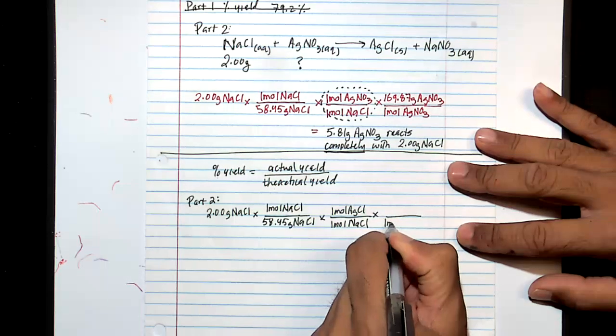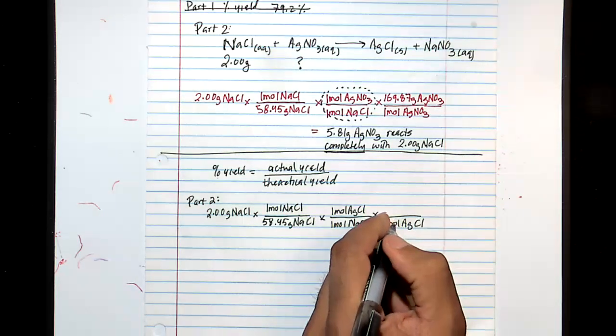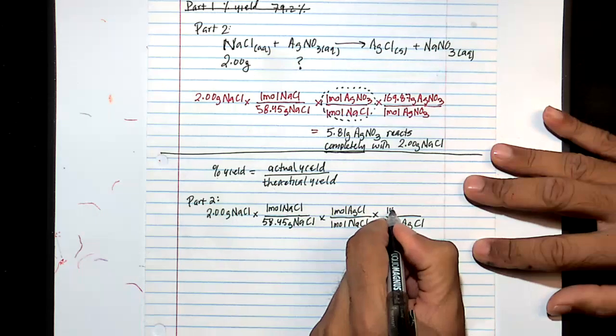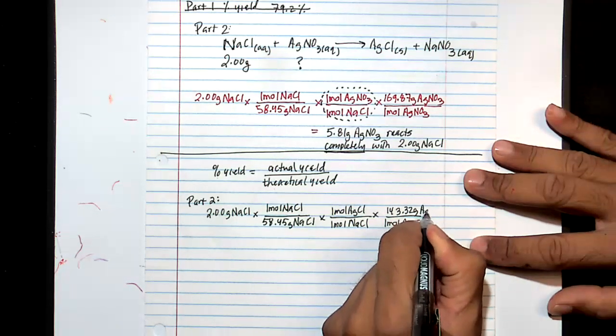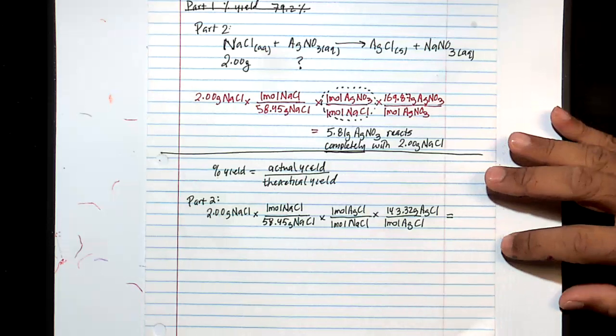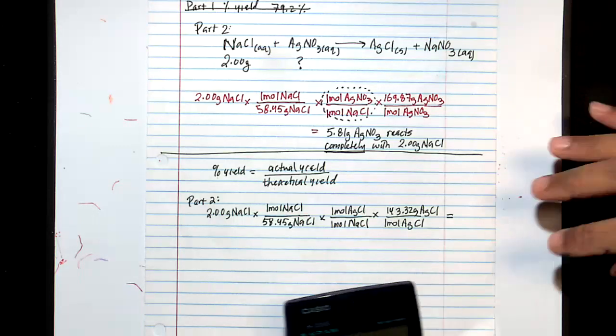Now let's go ahead and convert this to grams. For every 1 mole of AgCl, there is 143.32 grams of AgCl. Because it reacts completely, there is no excess or limiting.